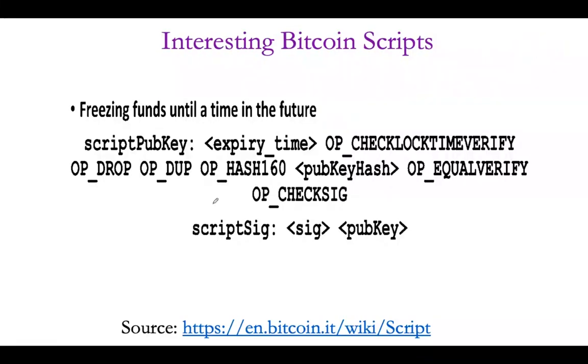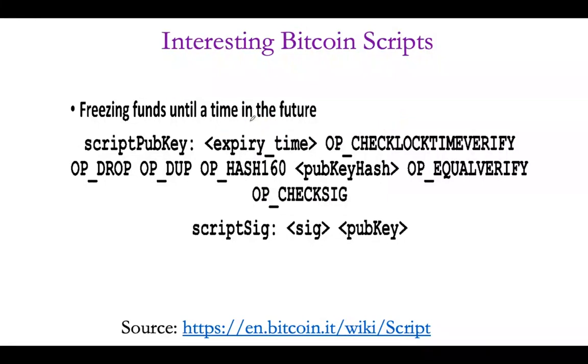The script used for this works like this: you first create the coin, that is the output, and there you give the expiry time. After that expiry time, the remaining instructions in the script will be executed. That means the first instruction is your expiry time.